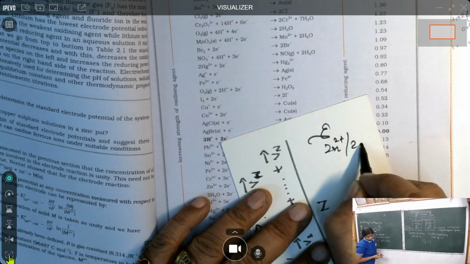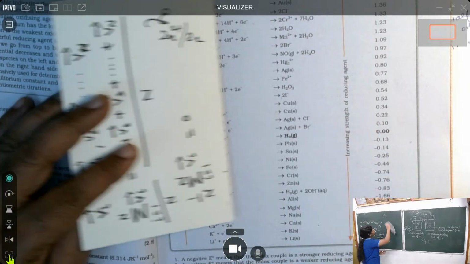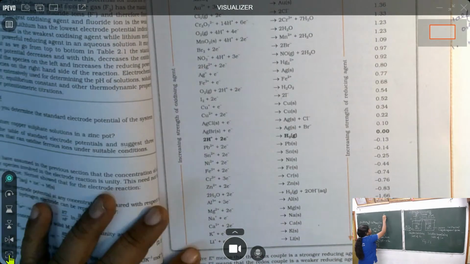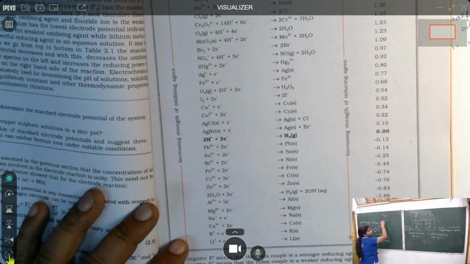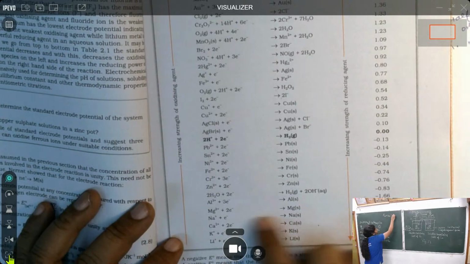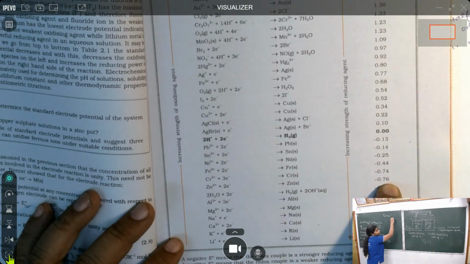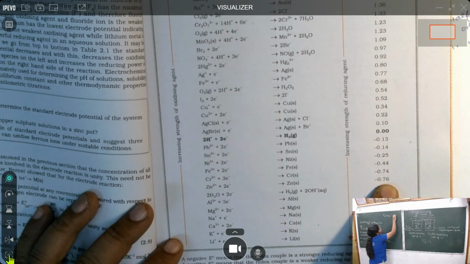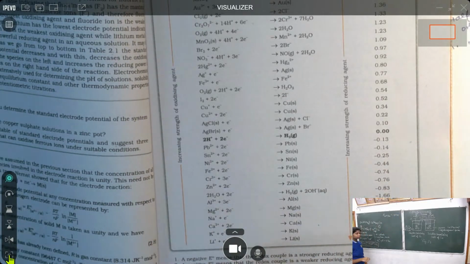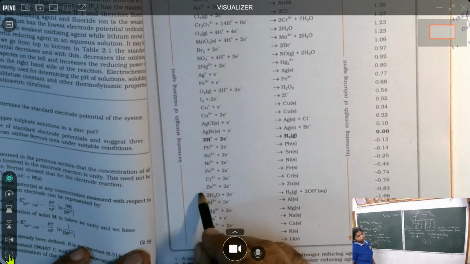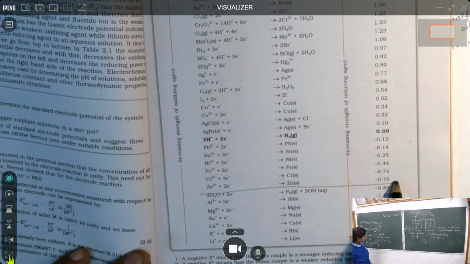So this is the reduction potential. The value is minus 0.76. Now note down this value. This is called the reduction potential at standard state.